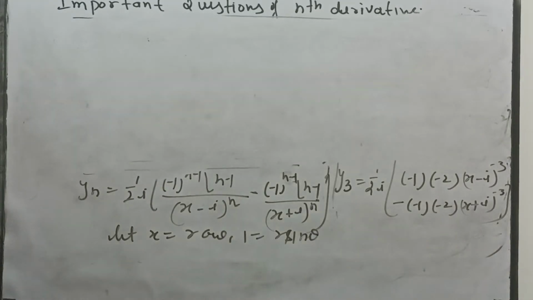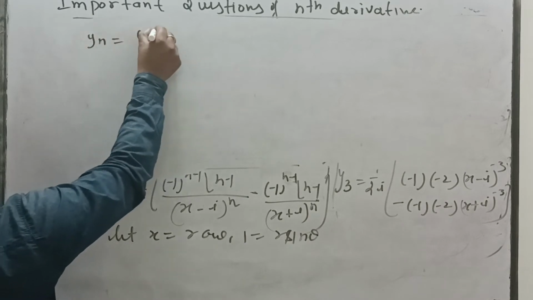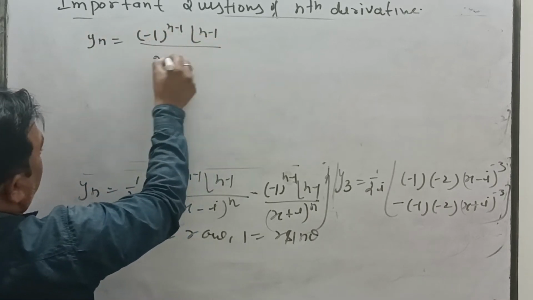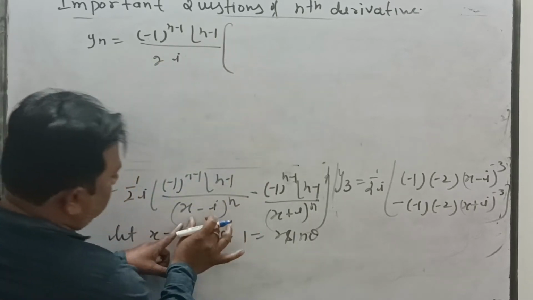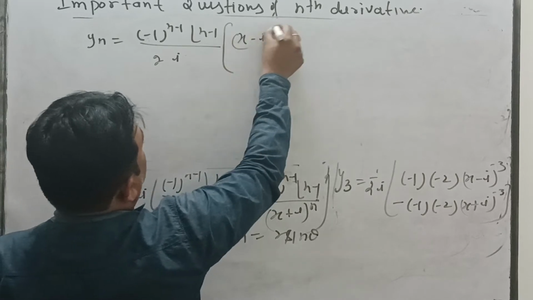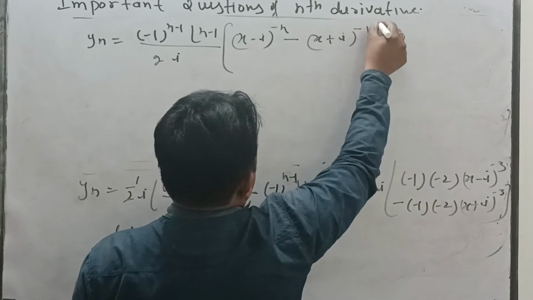Now the value of y_n equals minus 1 to the power n, factorial n minus 1, divided by 2i, taking out of the numerator [(x minus i) to the power minus n minus (x plus i) to the power minus n].